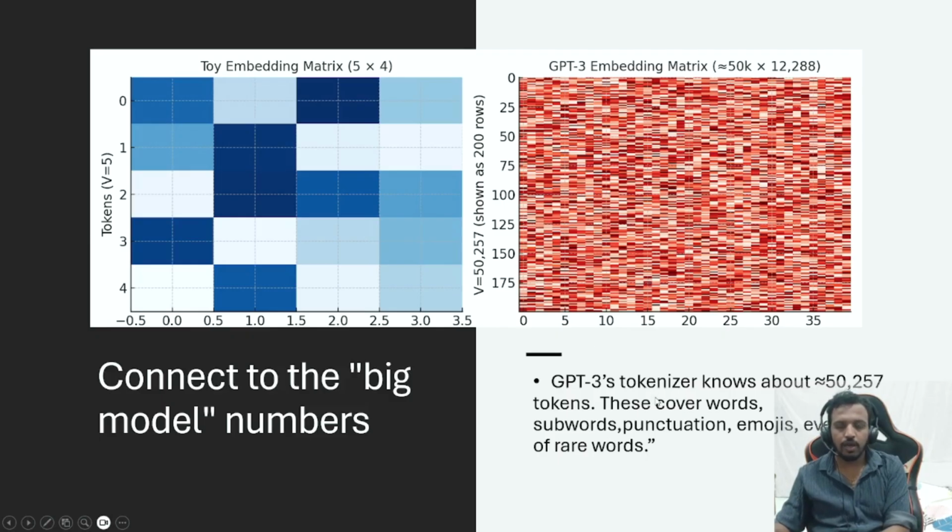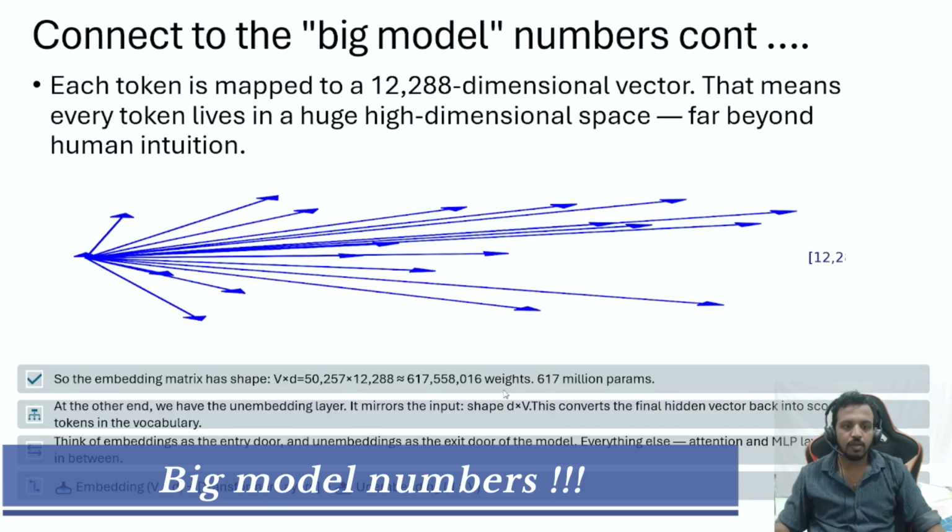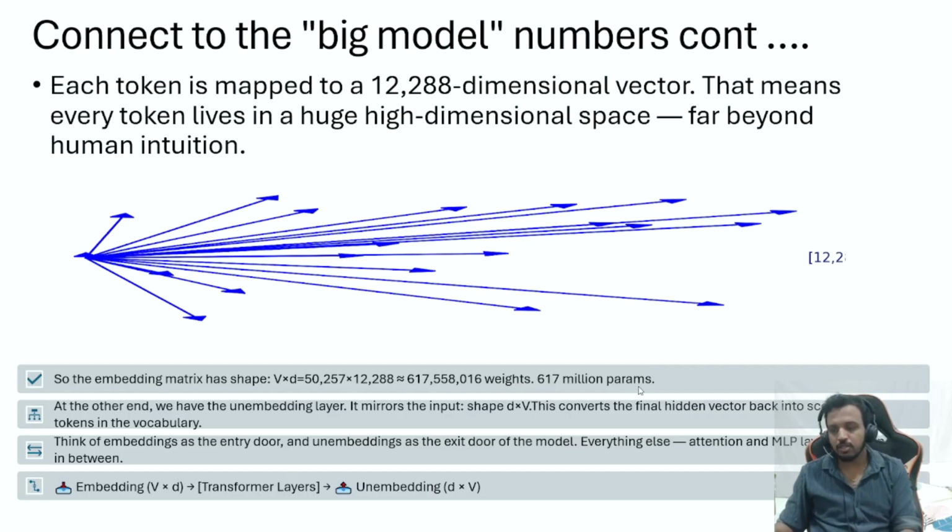So here, we discussed what is the level at which GPT's embedding matrices work. The embedding matrix has basically 617 million parameters, which is basically 0.6 billion. We have talked about unembedding, where we are converting the vectors to words.